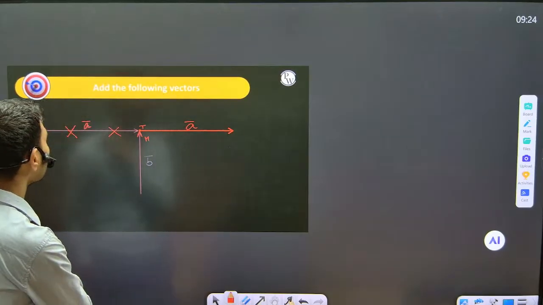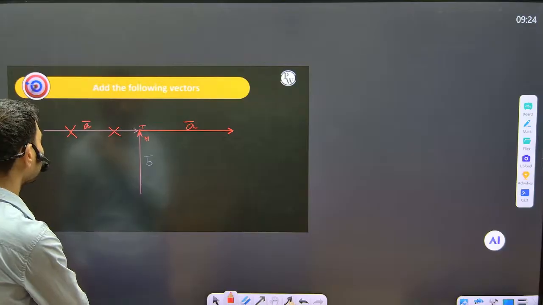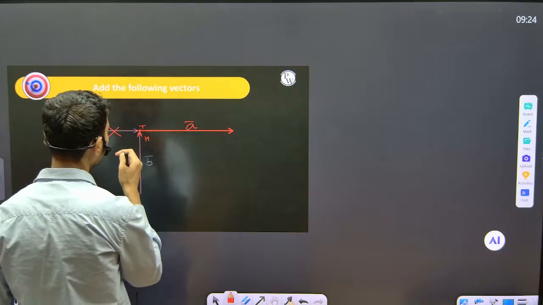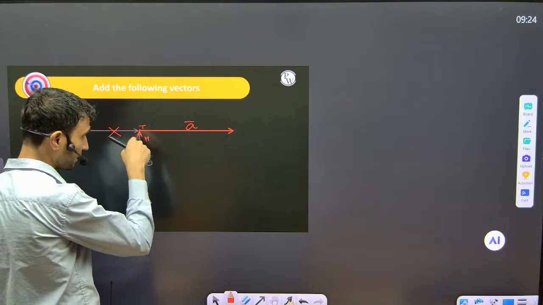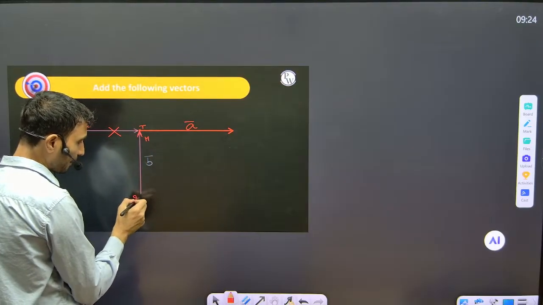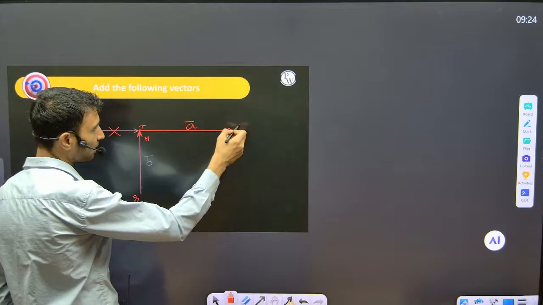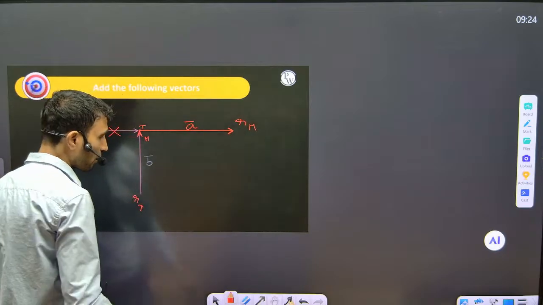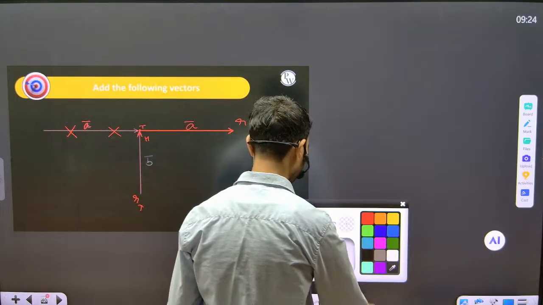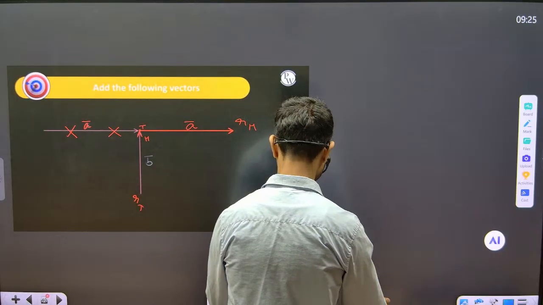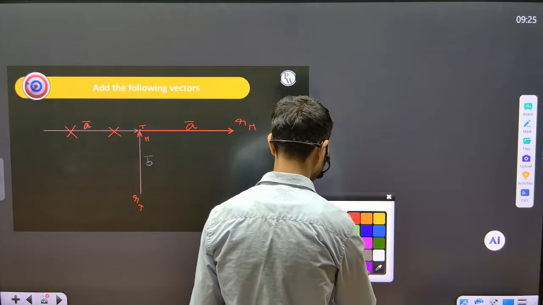Okay, so how do I move forward from here? Head and tails are together. The next step, see, these guys are together. So this is the remaining tail and this is the remaining head. And how do I get the resultant? Simply by joining the remaining tail to the remaining head.